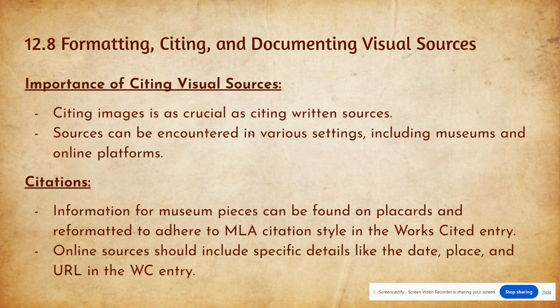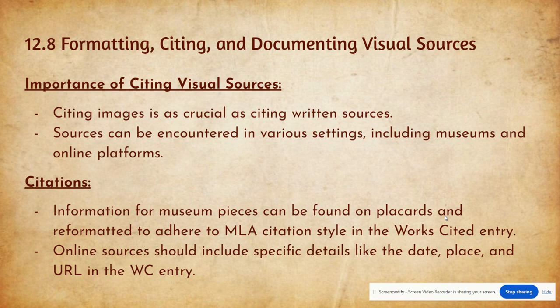So, museum pieces. If you find something in the museum that you need to refer to in your essays, the information on their placards can be reformatted to MLA citation form and then be written in as a works cited entry.